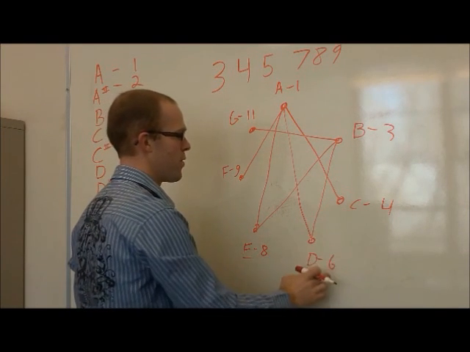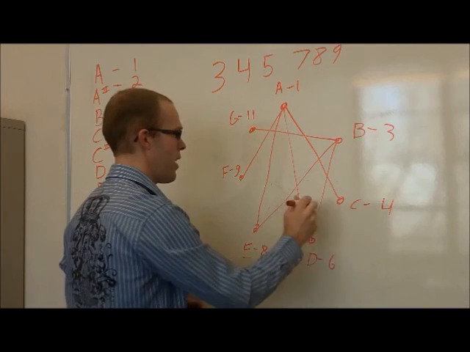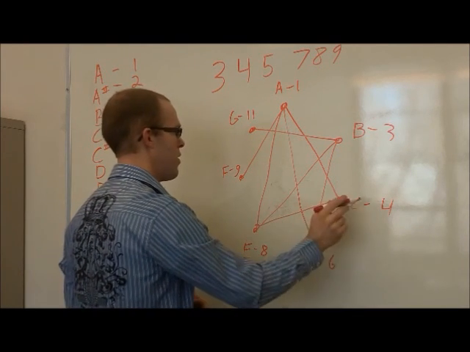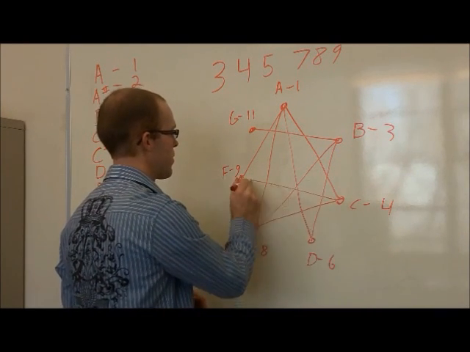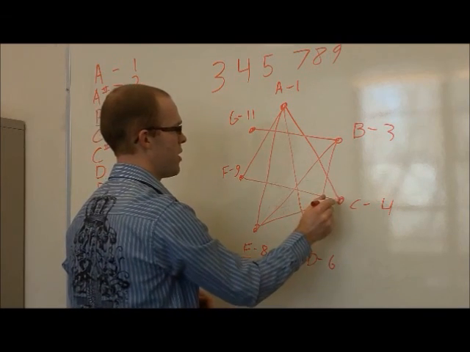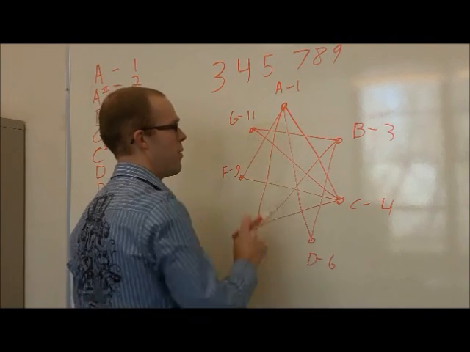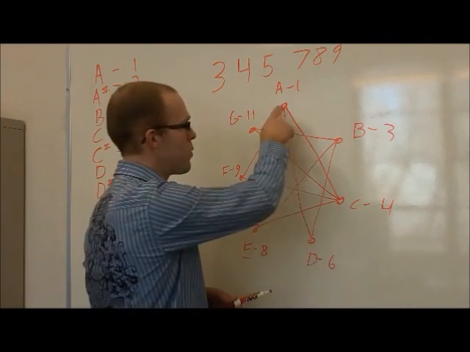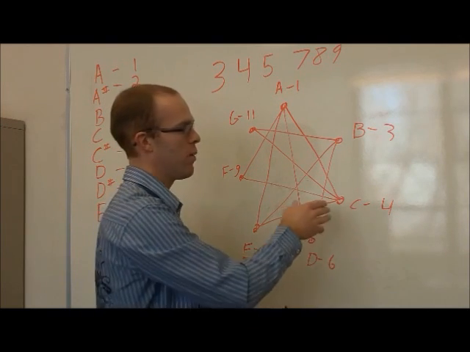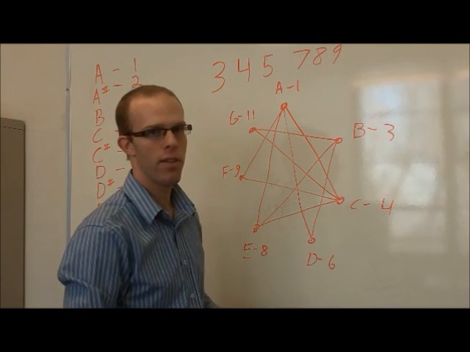Next, 4 and 6, no. 4 and 8, that works. 4 and 9, that works. 4 and 11 is 7, so that works. And just to save time, once we've done these two notes, we don't need to check them again because we've already found the other intervals.